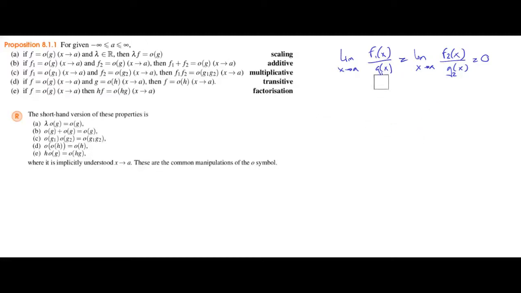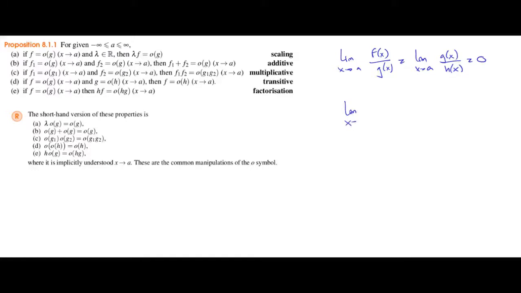Now the transitive property is that if we have a function f that is small o of g, okay, this limit is equal to 0, and then the function g is small o of another function h, okay, so these two limits are 0, then f is small o of h, okay?